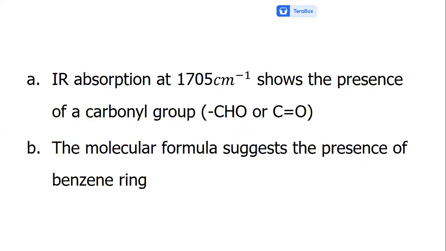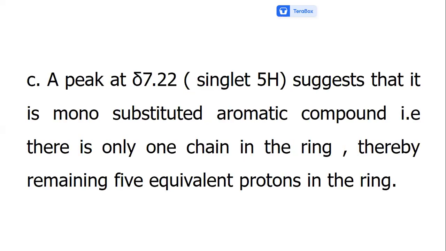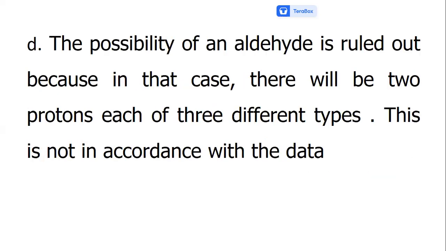IR absorption at 1705 per cm shows the presence of a carbonyl group. The molecular formula suggests the presence of a benzene ring. A peak at delta 7.22 singlet, 5 hydrogen suggests that it is a monosubstituted aromatic compound. That is, there is only one chain in the ring, thereby leaving 5 equivalent protons in the ring.